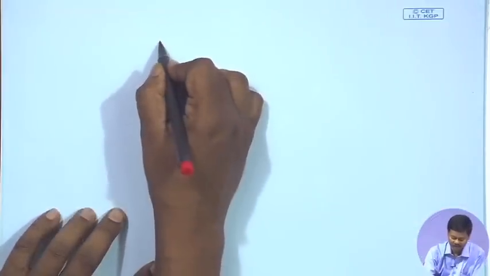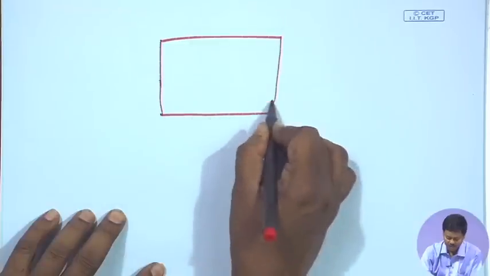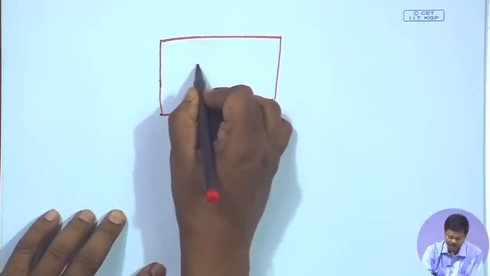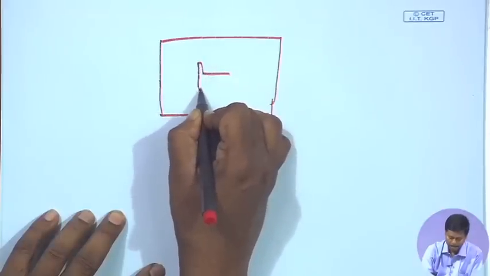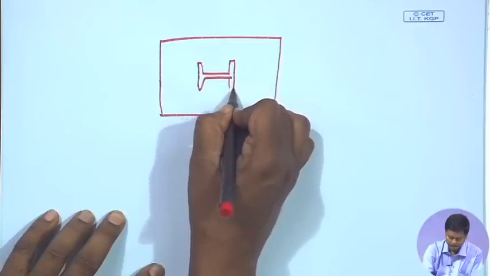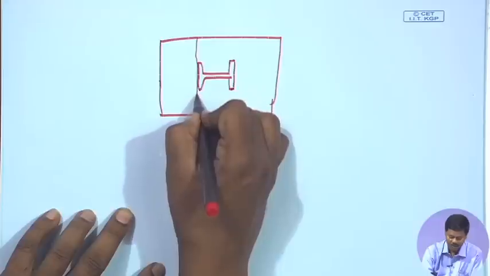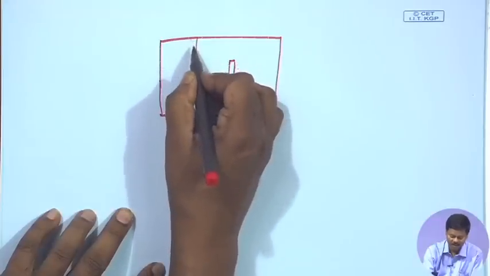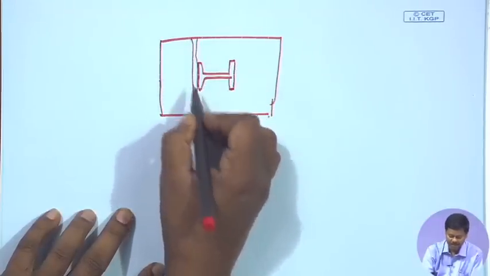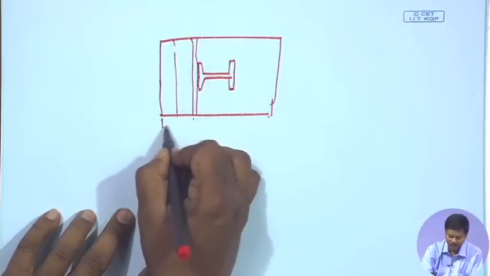Length of the gusset plate, say suppose the length of the gusset plate is this, which will be decided based on the depth of the column, then the gusset plate thickness, then the angle length, then the overhang.